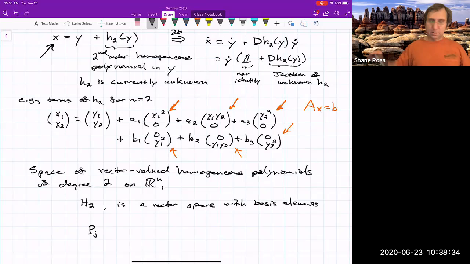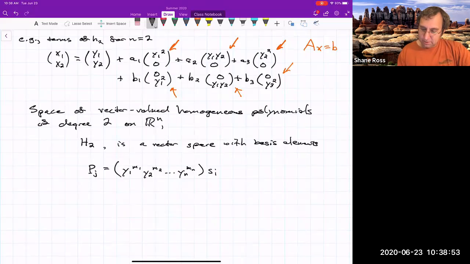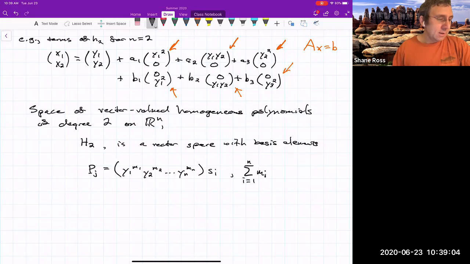It is y1 raised to the m1 power, y2 raised to the m2 power, and so on, times yn raised to the mn power times s_i, where a few things are going on here. The sum from 1 to n of the m_i, these exponents, the sum must be 2 to make this a homogeneous polynomial of order 2.